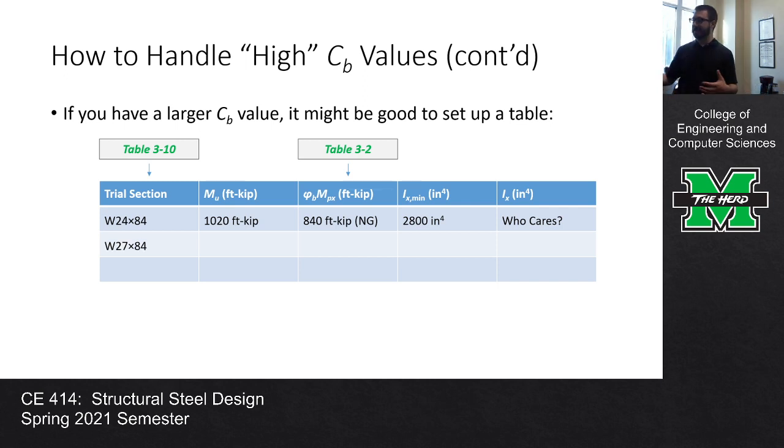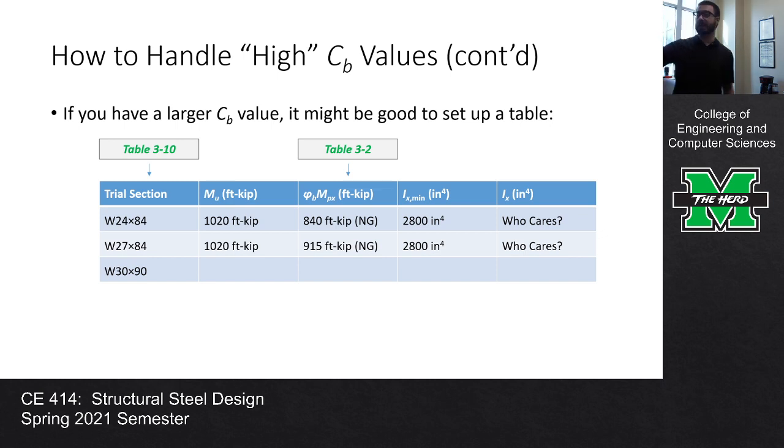So as I said, if you have a trial section that doesn't work, just go to the next one. The next one was a W27x84. Again, our factored moment is 1020. If you look up the W27x84, its plastic moment capacity is 915. So it's no good. Again, no point in checking the moment of inertia because it doesn't work.